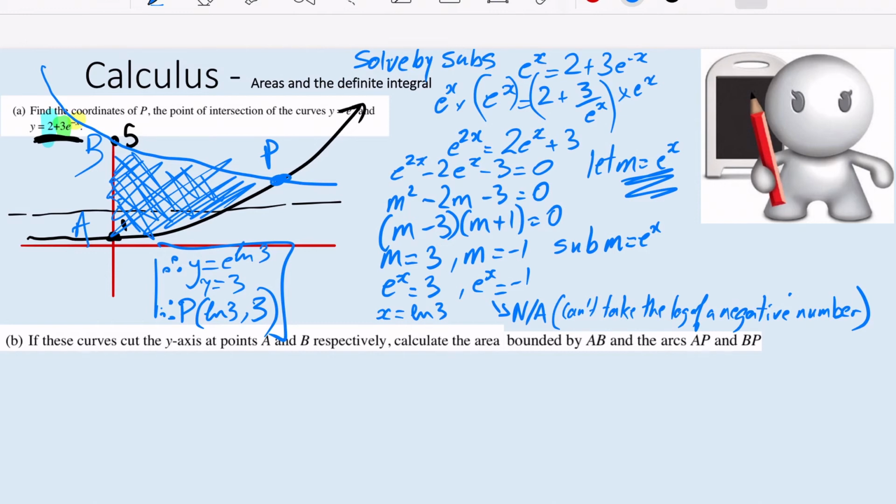However, the issue with that is that you would need to make x the subject of both of these formulas. So y equals e to the power of x, therefore x is equal to the log of y. And the issue here is that you cannot integrate any log functions. This is not within the scope of our course.